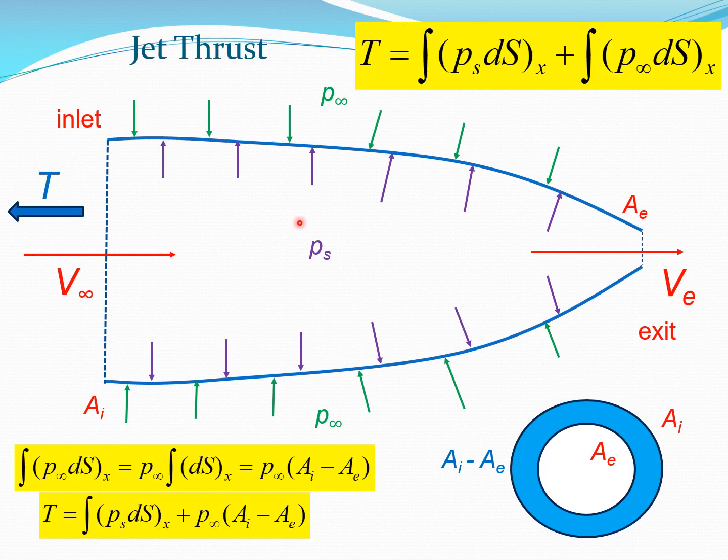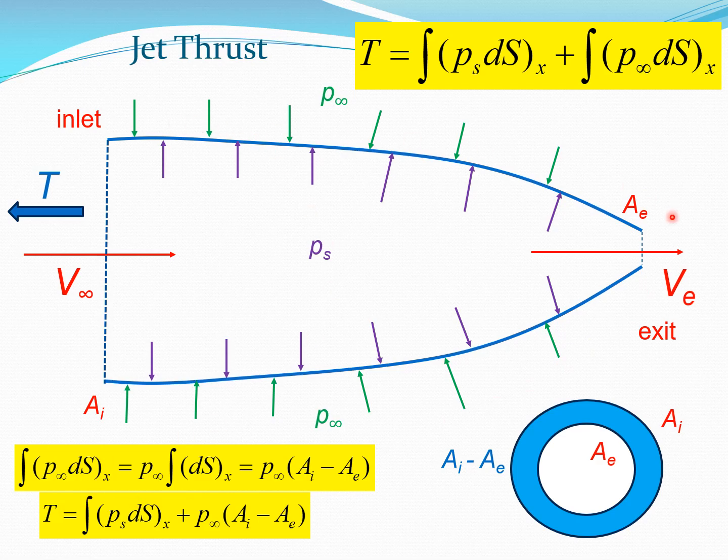Now, if we are planning to calculate jet thrust, we will see that the thrust will be composed of two parts. One is the part due to PS. So what we can do is take all the components of PS and sum them along the wall and take the component in the x direction. So that's this first integral here. The second term is going to be all the components of P infinity.